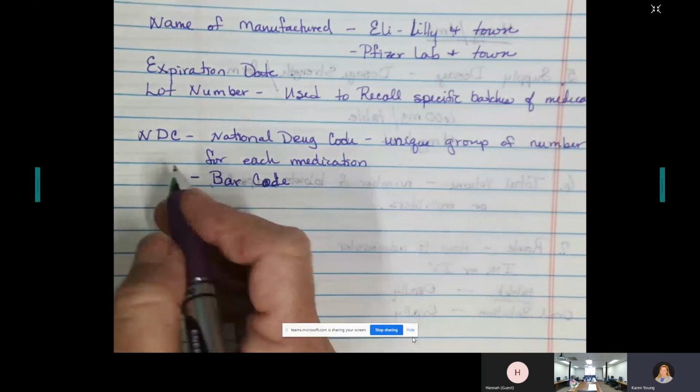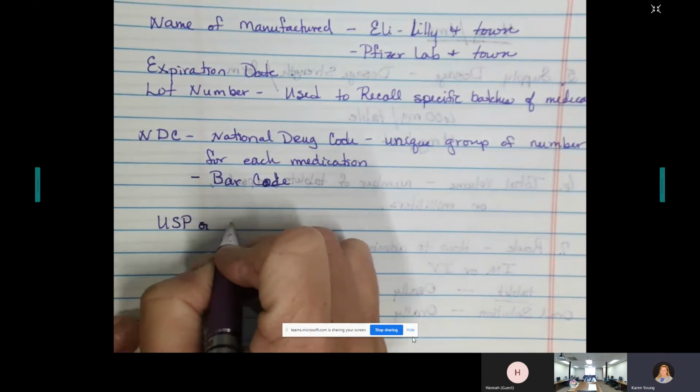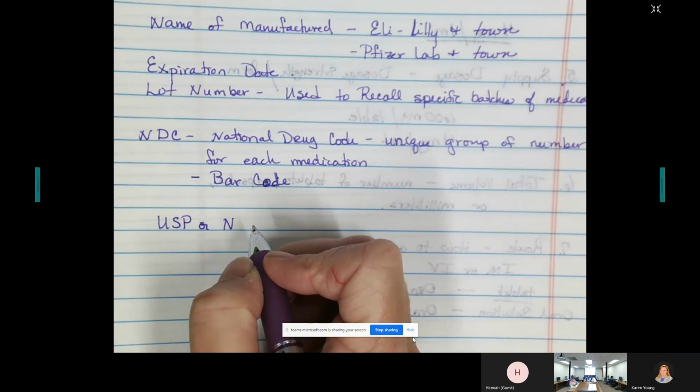On some of our labels, you're going to see the USP, or you might see the NF.